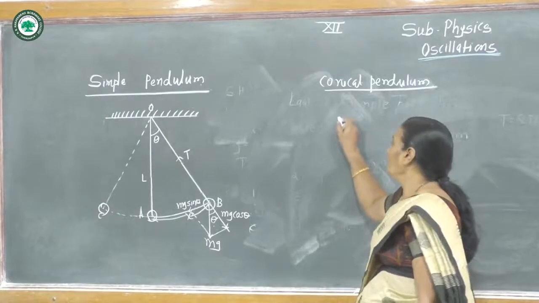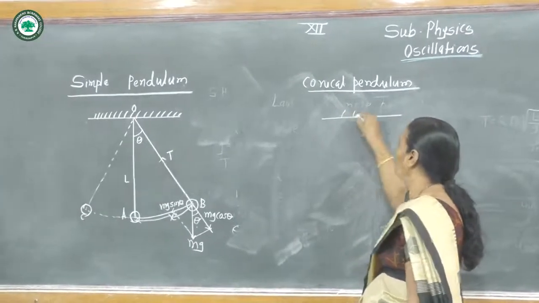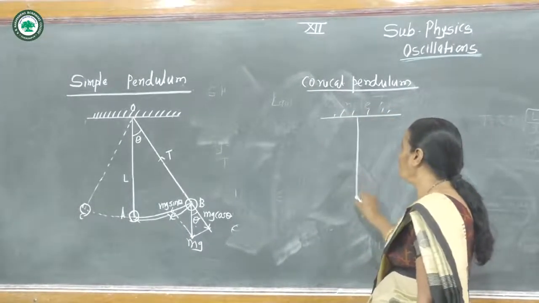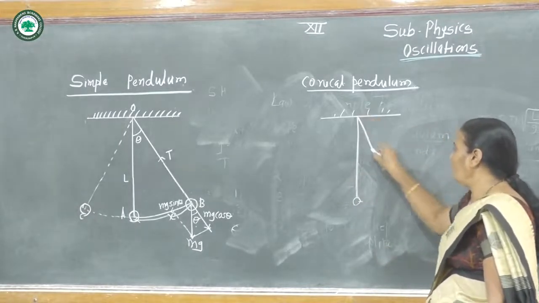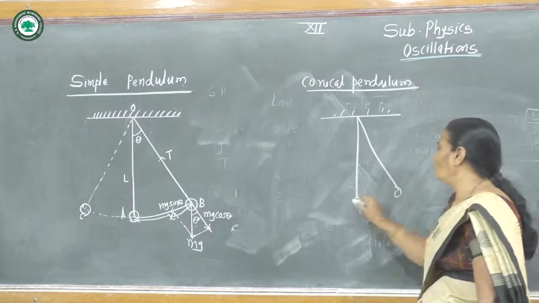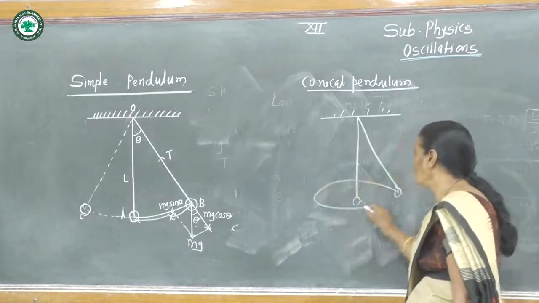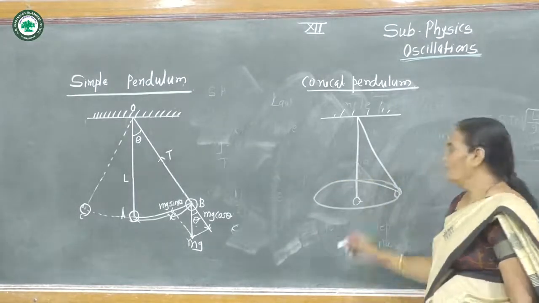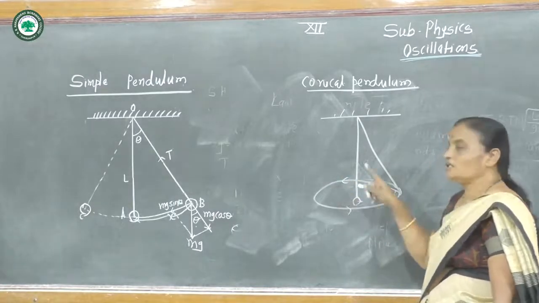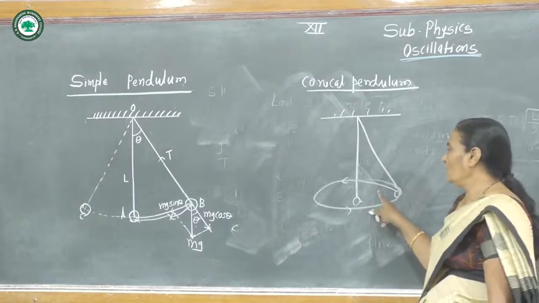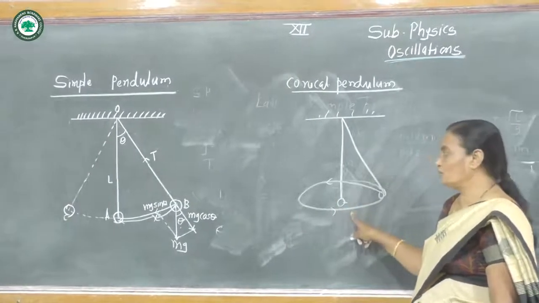In case of the conical pendulum, the pendulum revolves in a horizontal circle such that it forms a cone. The motion of the particle is horizontal circular motion, and it is uniform circular motion.